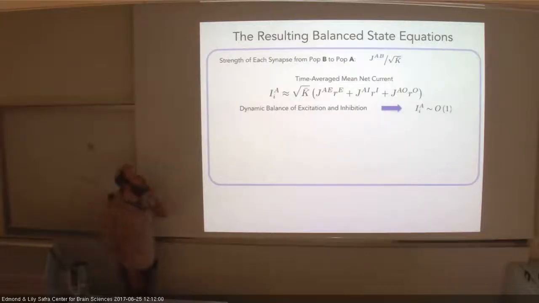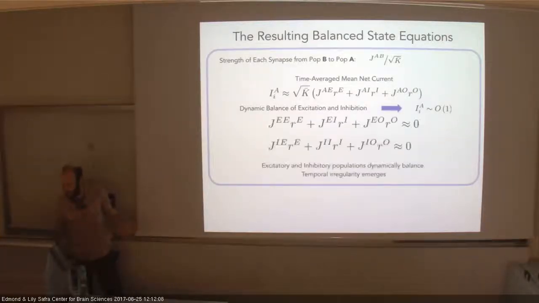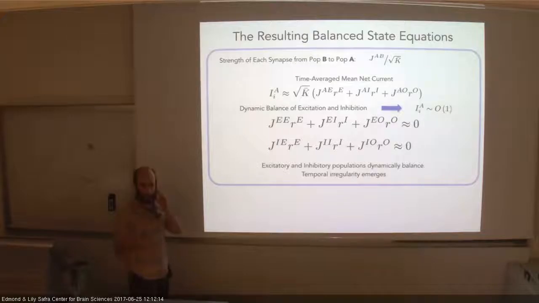And the dynamic balance of excitation-inhibition requires that net input be order 1. And that yields the simple linear equations, which you guys saw on Thursday. So just two sets of linear equations for the two unknowns of the population rates. So given an external firing rate, an external drive, the two population rates will, it turns out, just match each other to solve this equation.